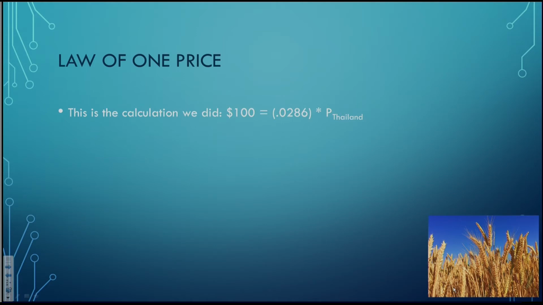Now, this calculation we did right here, $100 equals the dollar to baht exchange rate times the Thai price. Well, we can make that a little more generic so that we can apply it to other contexts.